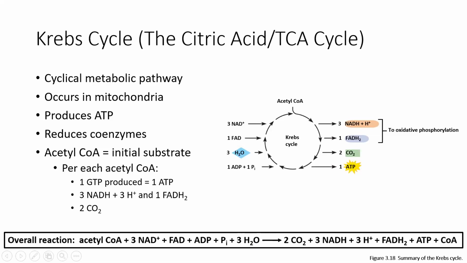And that yields us CO2, our electron carrying molecules, which are NADH and FADH2, as well as ATP on the back end. And because this is a cyclical reaction, we actually continue to yield CoA, and CoA will then go back and synthesize more acetyl-CoA from that linking step, okay?